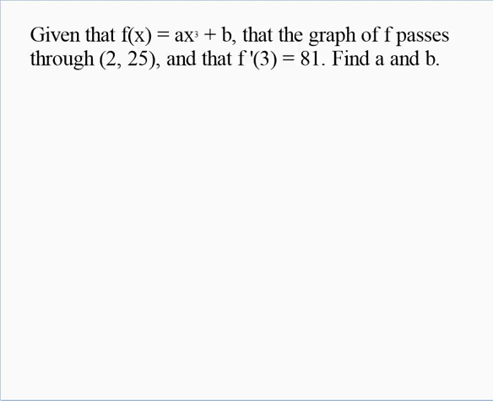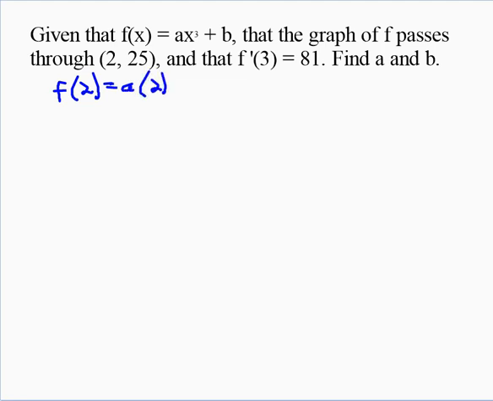It says given that f of x equals ax cubed plus b, and that the graph of f passes through the point (2, 25), and that f prime of 3 is 81, find a and b. So we're going to start off with our function, but we know that when we put in 2 for x, we will get 25. So I'm going to write f of 2, which means we put 2 in for our x value.